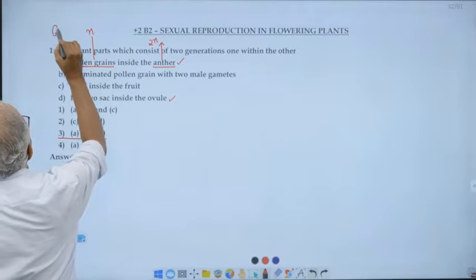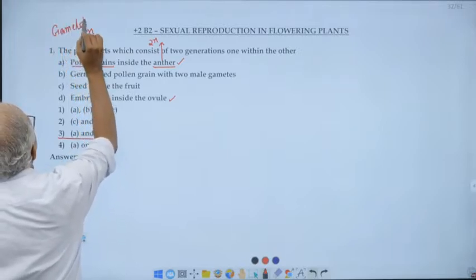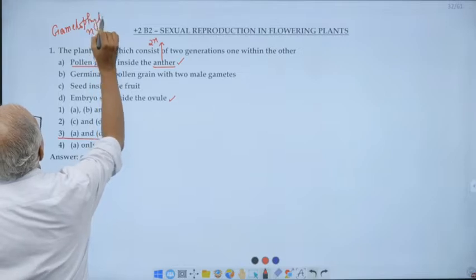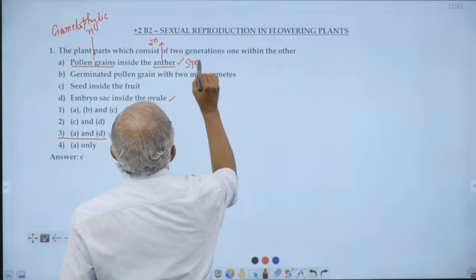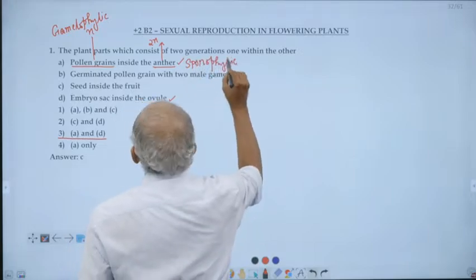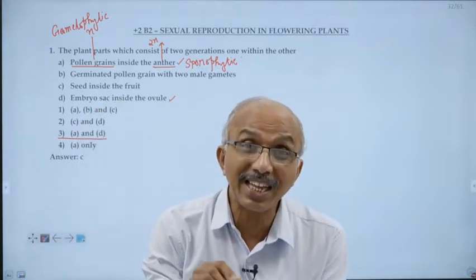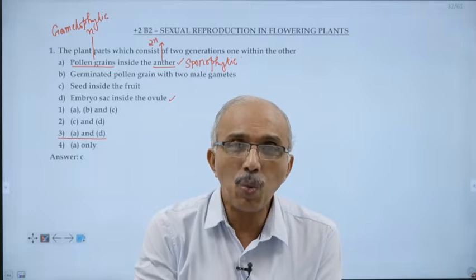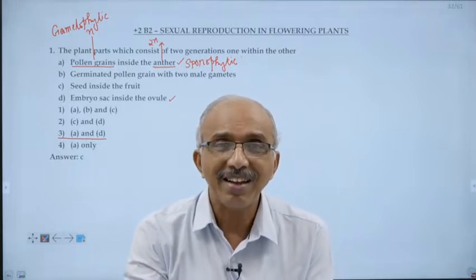Pollen grains represent gametophytic generation, and anther represents sporophytic generation. So, pollen grain is produced inside the anther. One type of generation inside the other.